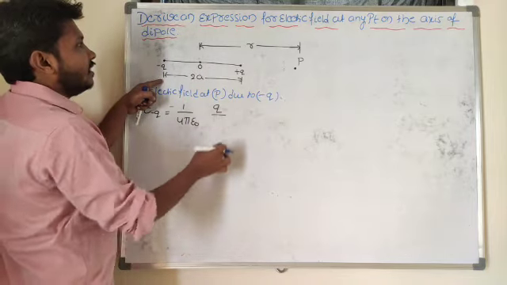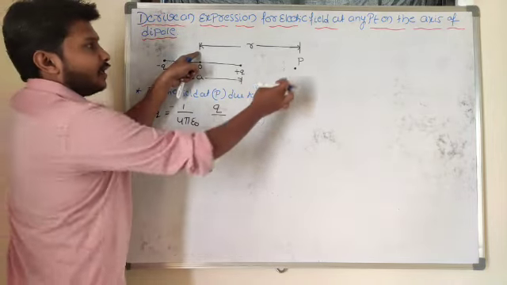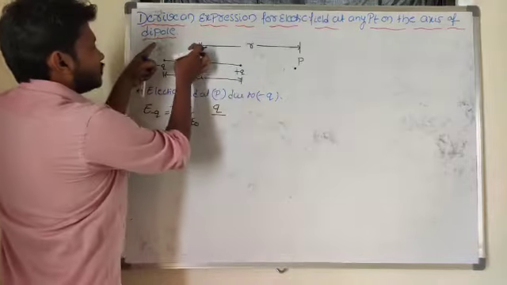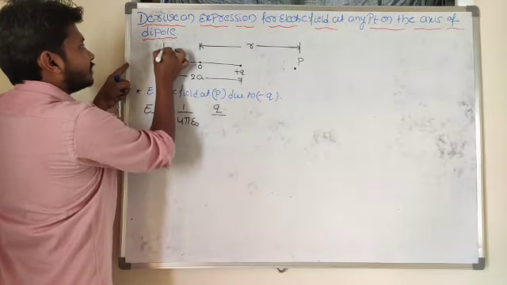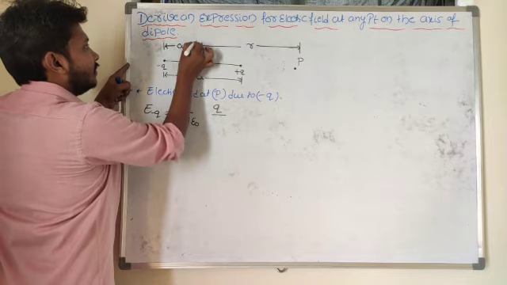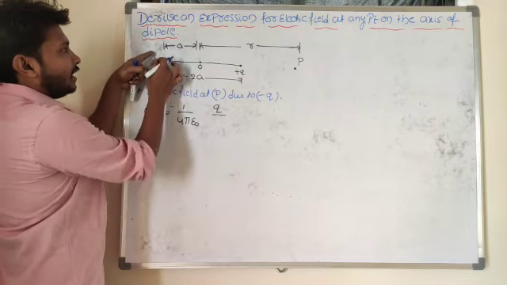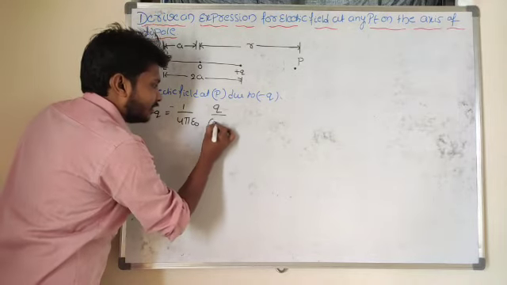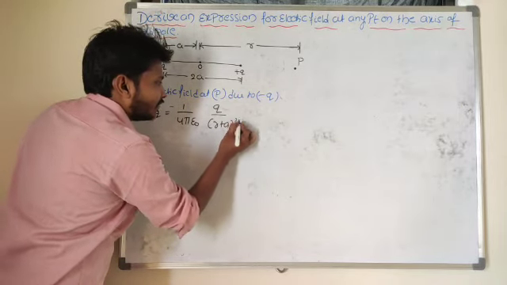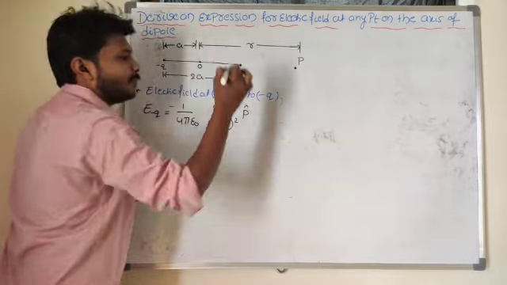Look here. The distance from the center of the dipole to point P is r. The total distance between the charges is 2a, so half of that is a. Then what is the distance from the minus q charge to point P? It is r plus a. So the distance is (r plus a) whole squared, into p cap.